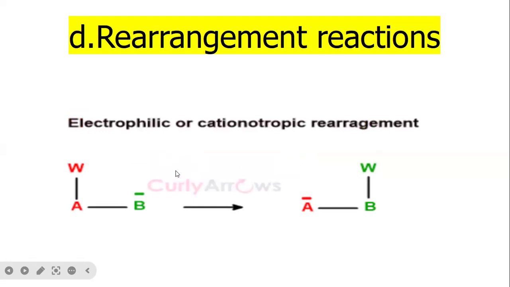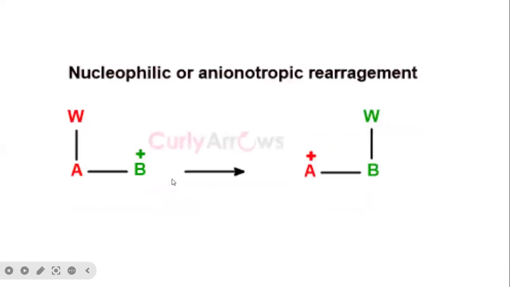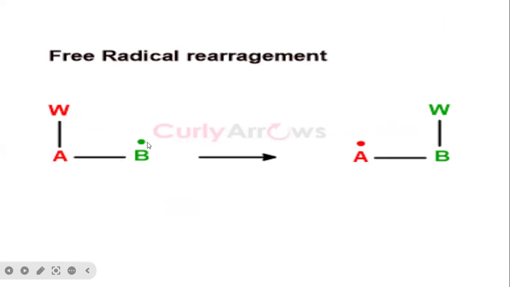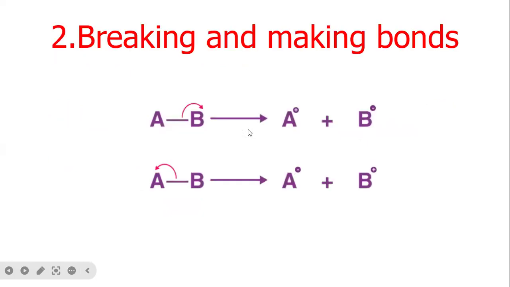The electrophilic or cationotropic rearrangement is the rearrangement of the anion, the rearrangement of the cation is the nucleophilic or anionotropic rearrangement, and this is the rearrangement of the free radical.